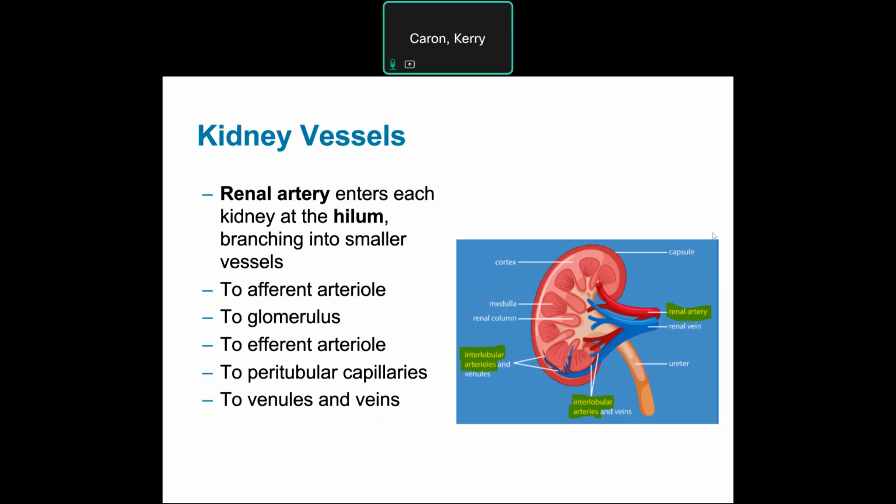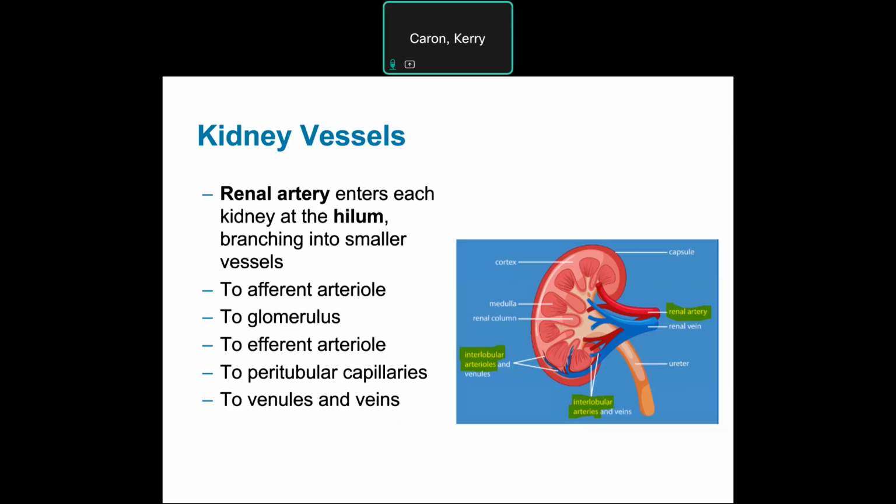The kidney vessels. So I mentioned we have from the aorta, we have renal arteries that bring blood into the kidney at the hilum. And they become smaller and smaller and smaller until they are the afferent arterioles. And at that point, when it enters the glomerulus, it becomes a ball of capillaries.